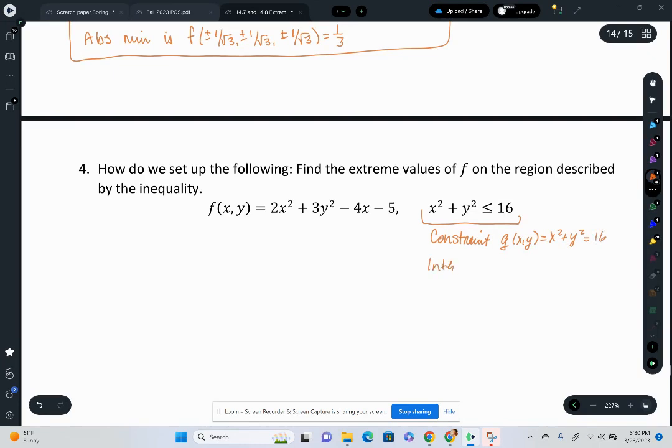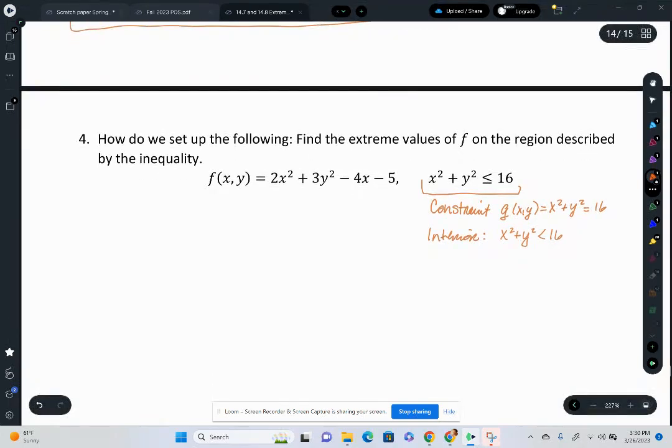But we also have an interior. And the interior is x squared plus y squared strictly less than 16. Okay, so when I'm thinking interior, I start thinking of what we did in 14.7 with the local extrema, where we would look inside of our domain and look at our first partial derivatives and set those equal to 0 and find if there are any extrema inside.